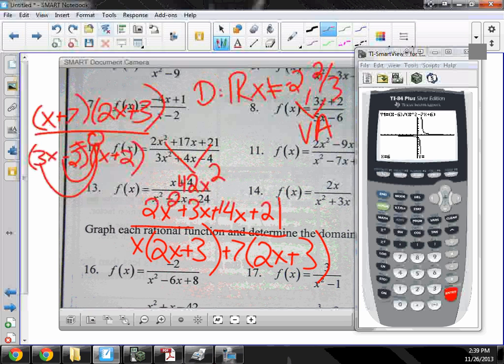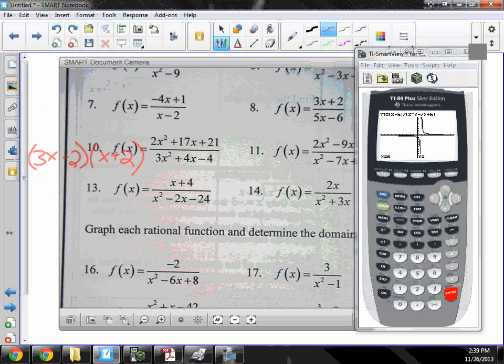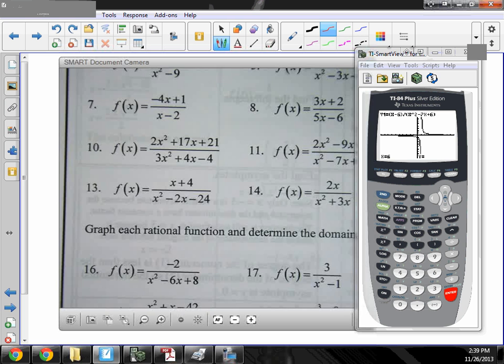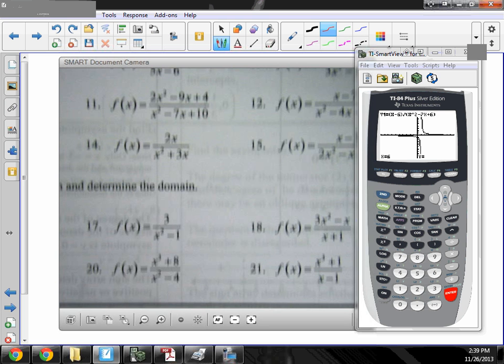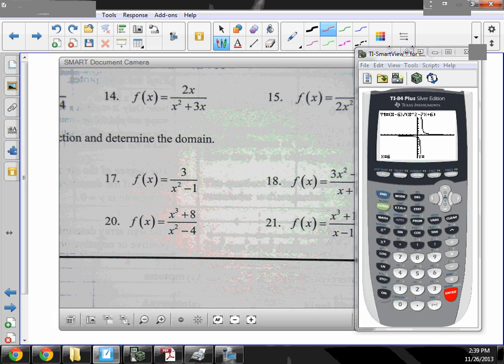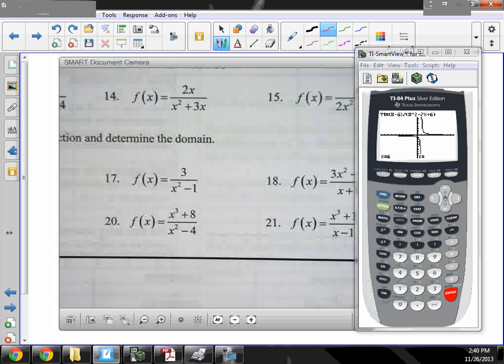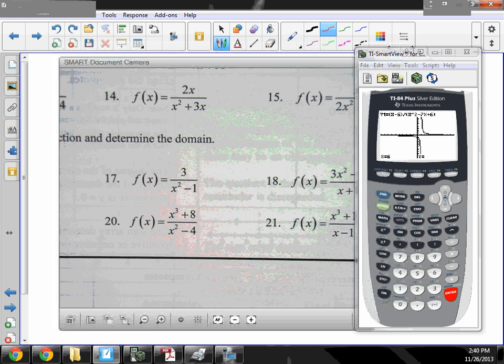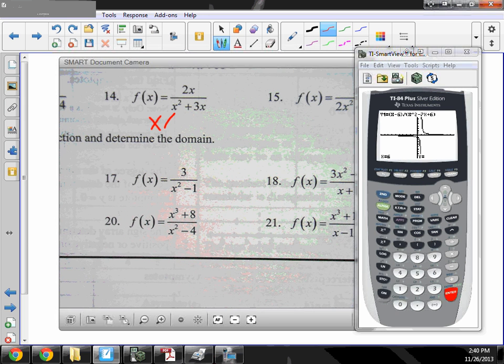Okay, let's do one more together. Let's do number 14. So for number 14, can I factor the denominator? How? Pull out an x. So x times x plus 3. Does anything cancel?